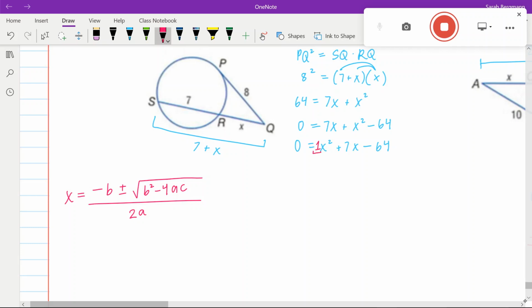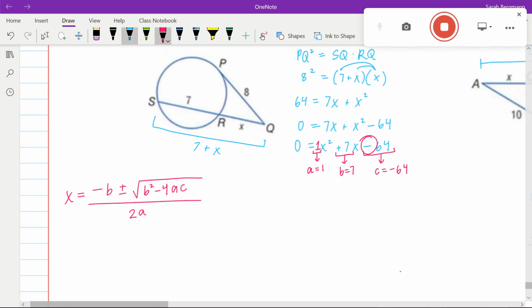The coefficient of our x squared is equal to a. So in this case, a equals 1. The coefficient of x is equal to b, so b is equal to 7. The constant at the end is equal to c, so c equals negative 64. Notice we don't take the x squared or the x, and we have to use the positive or negative sign in front of the number.